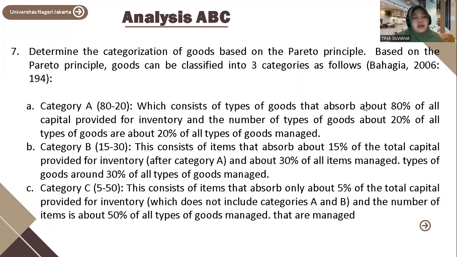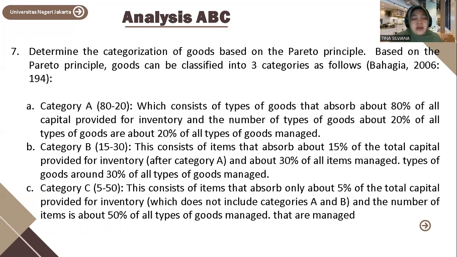The seventh way is to determine the categorization of goods based on the Pareto principle. Based on the Pareto principle, goods can be classified into three categories as follows (Bahagia, 2006, page 194).